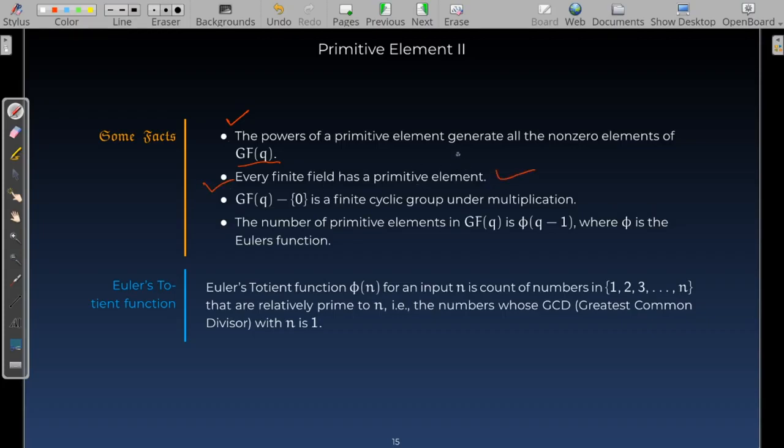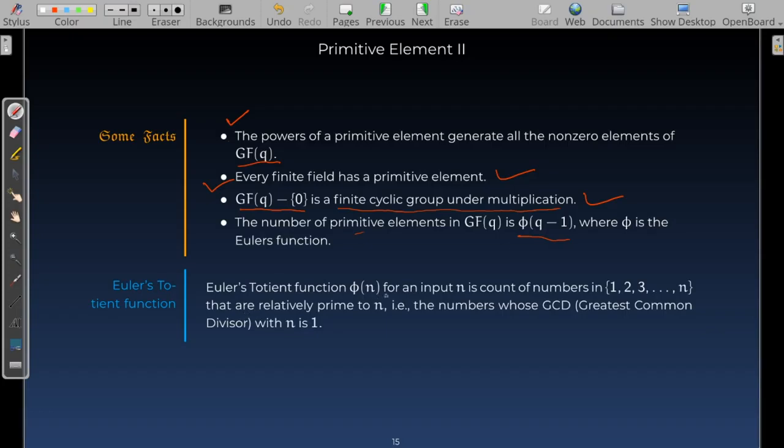This is a must: if you have a finite field, then there must be a primitive element there. The set of non-zero elements is a finite cyclic group under multiplication, which we have already discussed. And the number of primitive elements in GF(q) is given by phi of q minus 1, where phi is Euler's function, or the totient function.